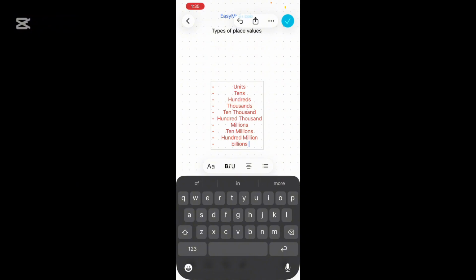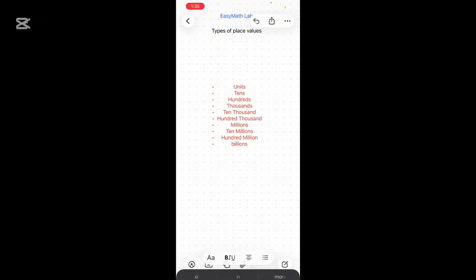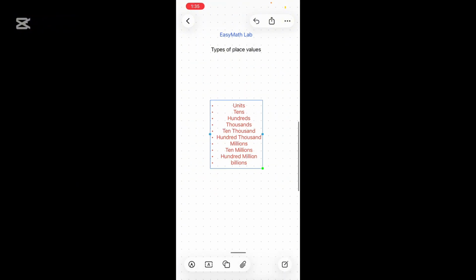So these are basically the different types of place values, but we are going to work with the basics only.